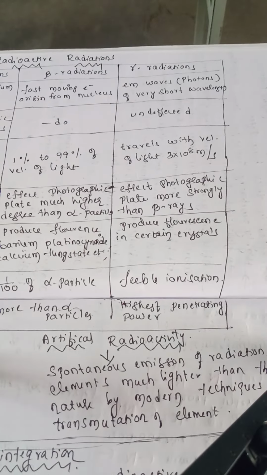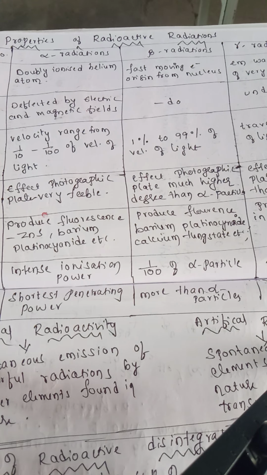Now next, let us talk about the ionization power. The ionization power for alpha particles is very intense, that is, very high. The ionization power for beta particles is 1/100 of alpha particles. So what is ionization power?